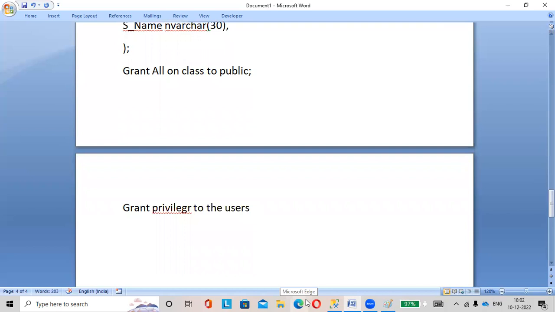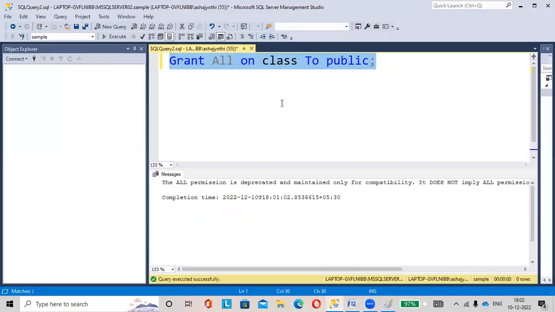Okay, one more command is there. Grant all on class to public with grant option. What is this? With grant option, granted users have the privilege to grant to the other users. Suppose one user has got the privileges, so he wants to grant the privileges to the other users. This command is used.